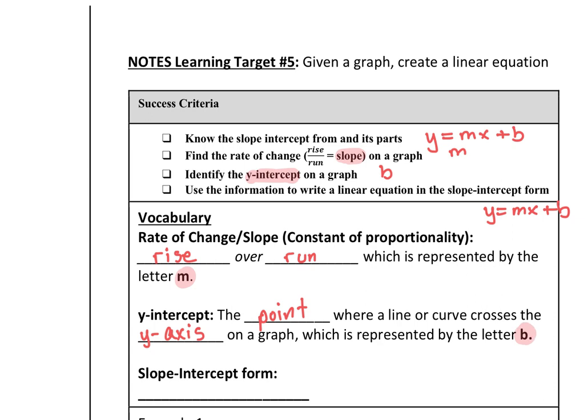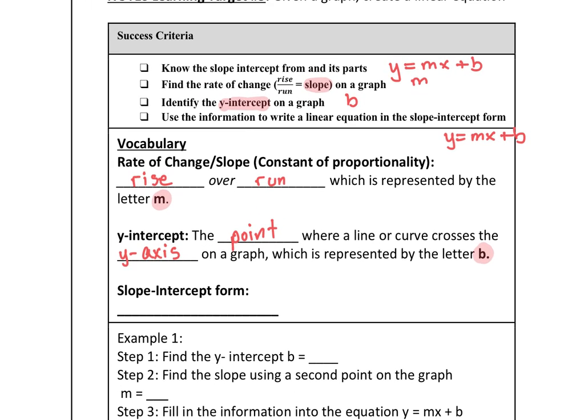If you have your highlighter, again, highlight that. Okay. And now, once again, the slope-intercept form, we wrote it 2 times earlier, is what? y equals mx plus b.